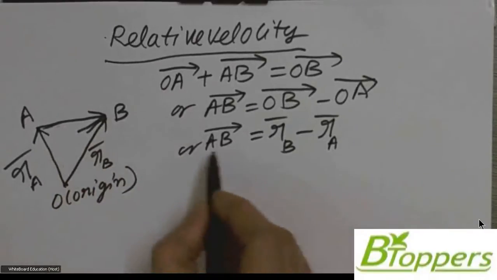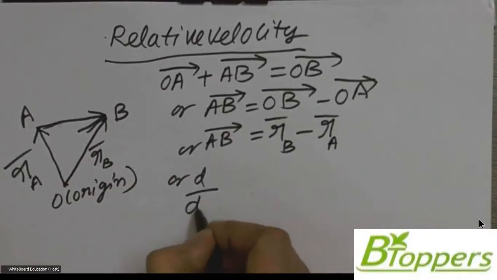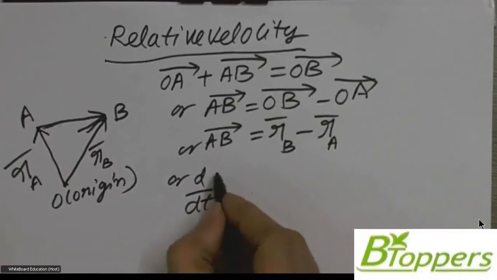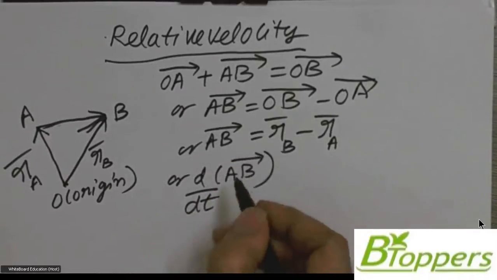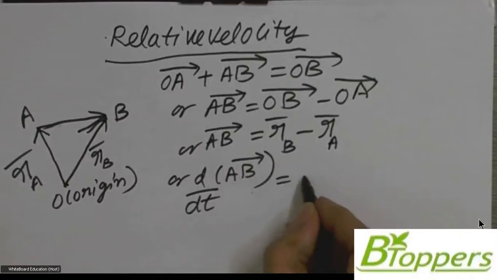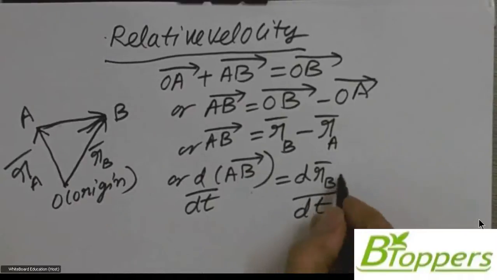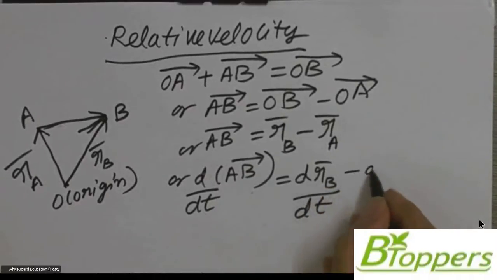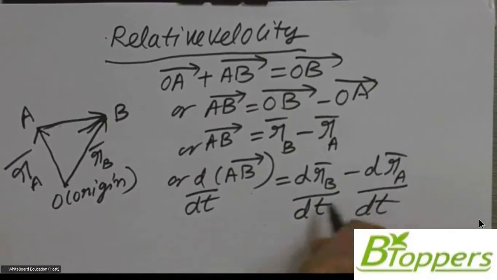Now, if you differentiate both sides with respect to time t, d by dt of AB bar can be written as d RB bar by dt minus d RA bar by dt.